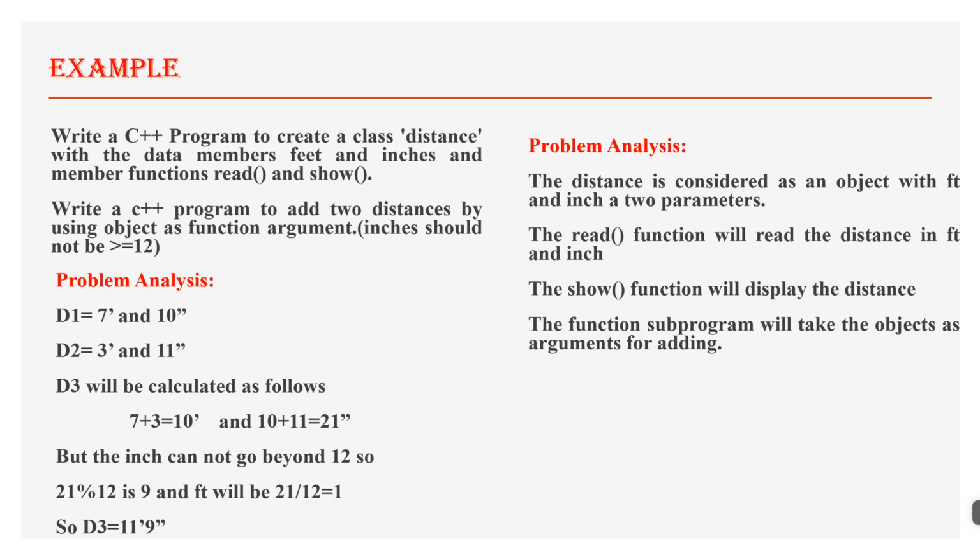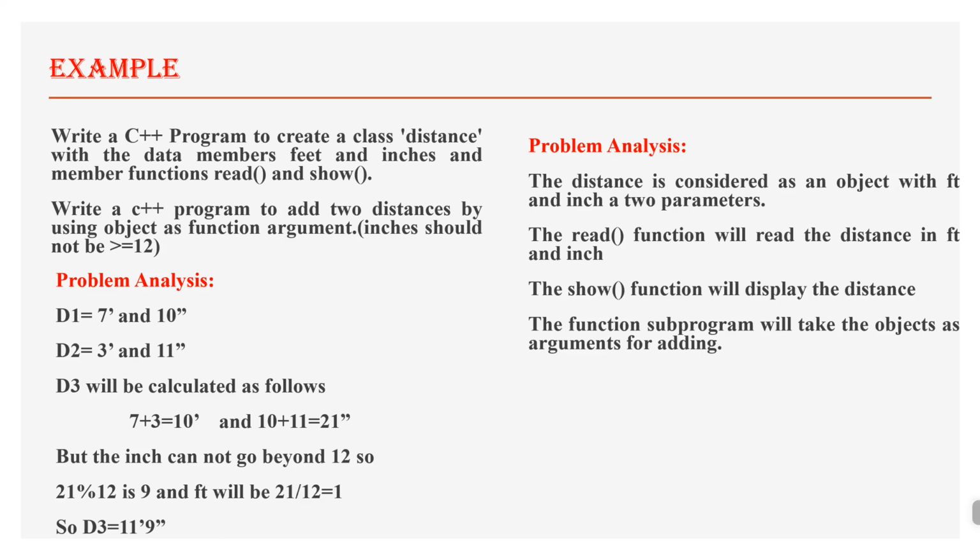Now the problem statement is like this. Write a C++ program to create a class called distance with the data members called feet and inches and member functions read and show. That means you have to create a class called distance.